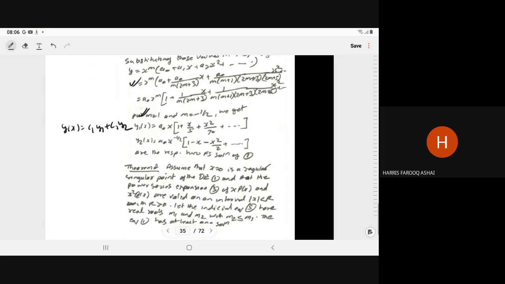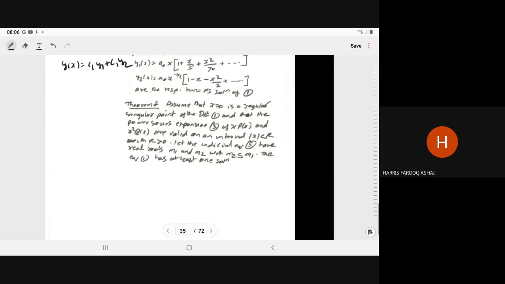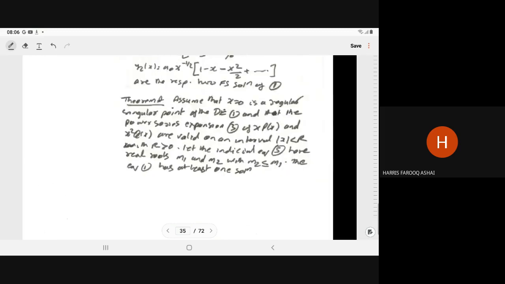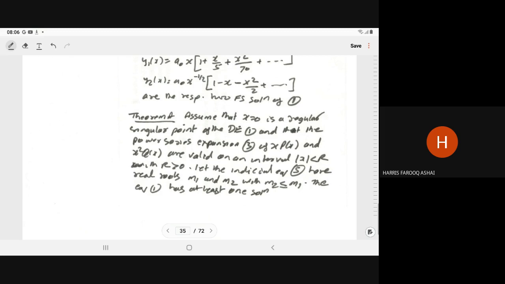Now, a very important theorem about the Frobenius series solution. Please read this carefully. Assume that x is equal to 0 is a regular singular point of the differential equation y double dash plus p(x) y dash plus q(x) y is equal to 0.